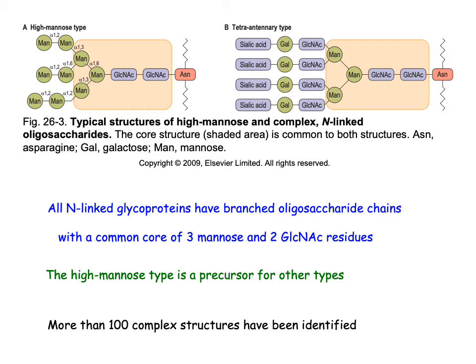So in the high mannose group, again, this is the common linkage that begins the carbohydrate chains. So the high mannose group is also a precursor for other types of oligosaccharides. So after all these mannose residues are attached, they can be chewed back and other different sugars can be attached.